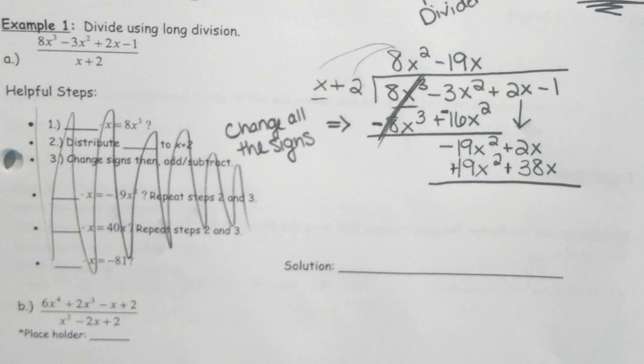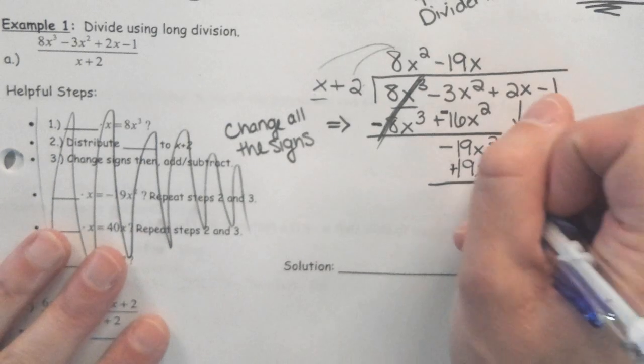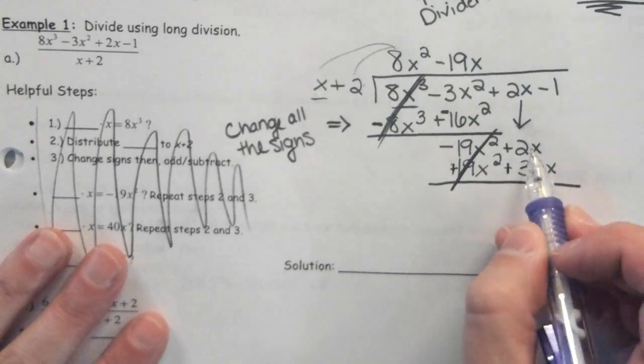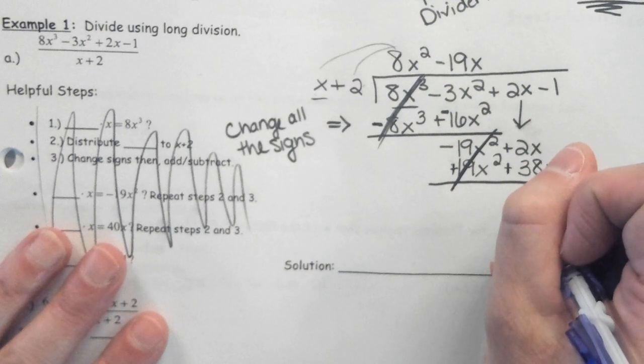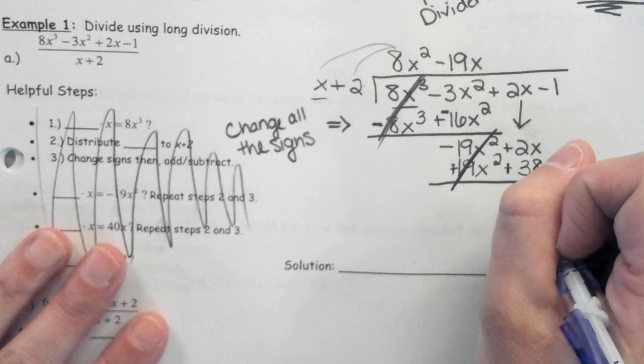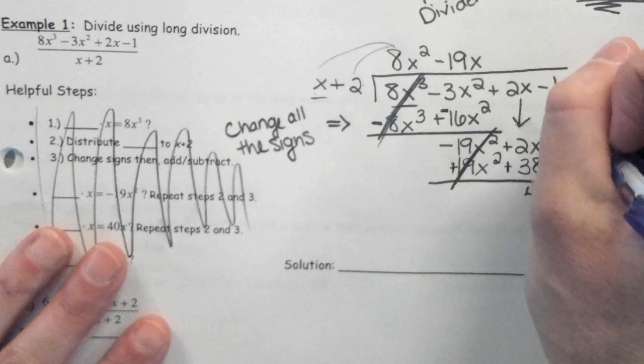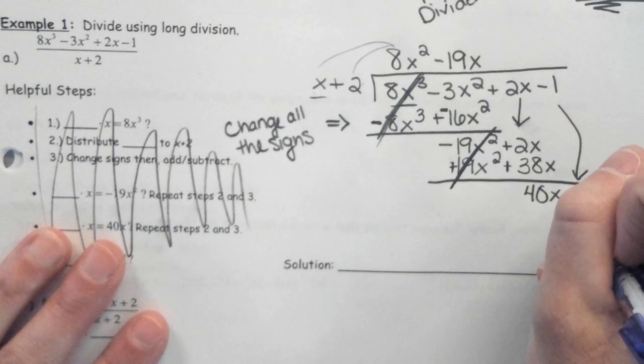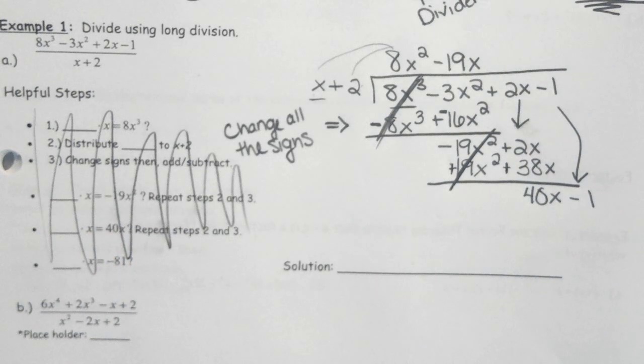Again, to me it's easier to think that, and I think for you guys as well. So change your signs. What happens to the 19? Bye. 2x and 38x is 40x. Bring down the minus 1.